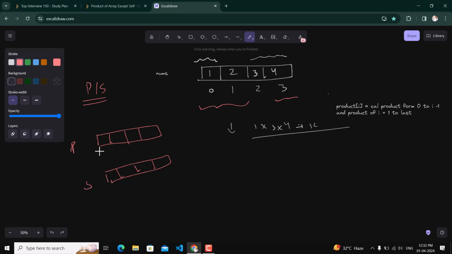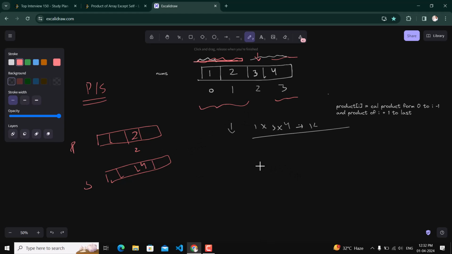So prefix will hold the product of the elements before the index. If we talk about the second index, prefix of the second index will hold the product of the elements lying before this index, so it will hold 2 here. Similarly, suffix of 2 will hold the product of the elements after it, so it will hold 4.